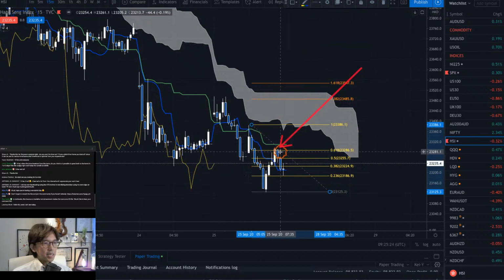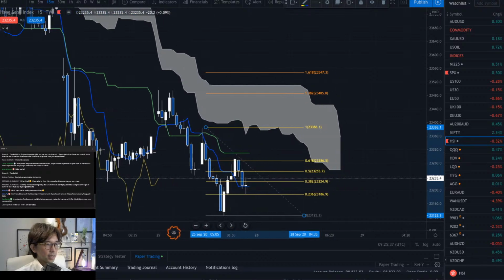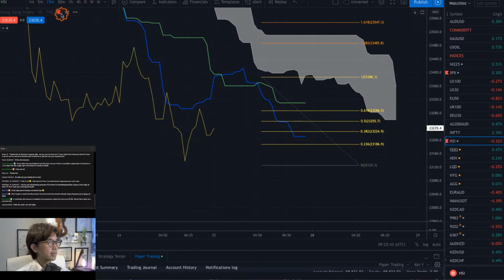So now I see one other confirmation, this Fibonacci bounce, and I also see a nice engulfing candle. In terms of the candlestick pattern, this is engulfing because you can see, hold on, let me just delete these Ichimoku lines.